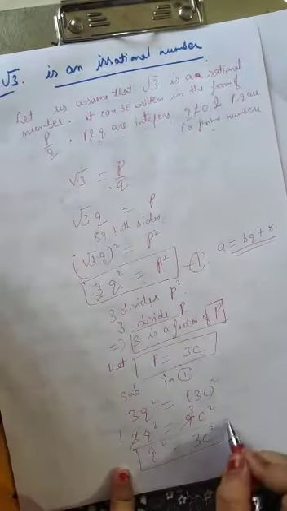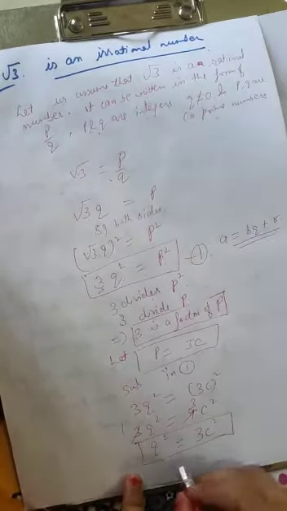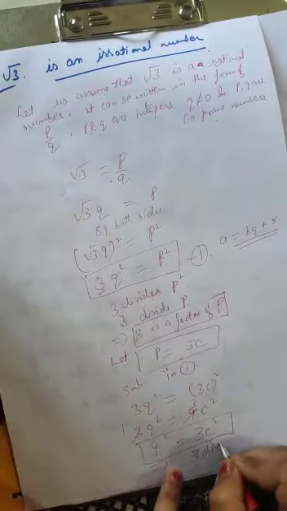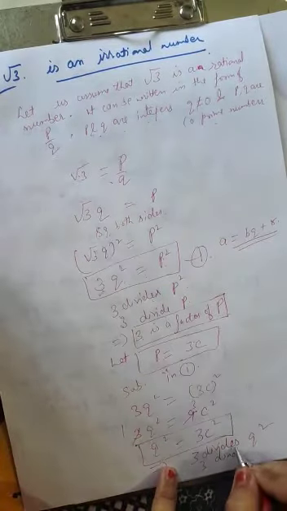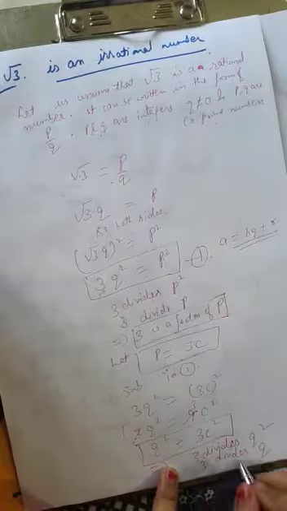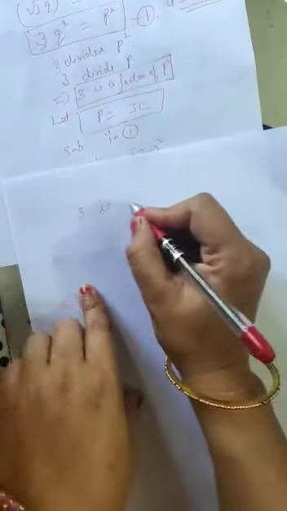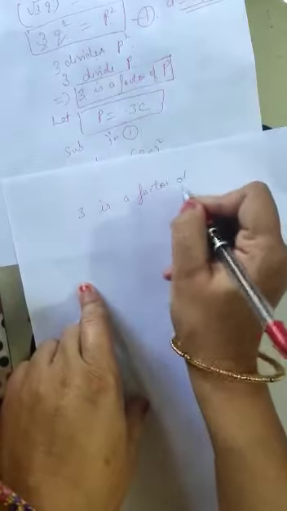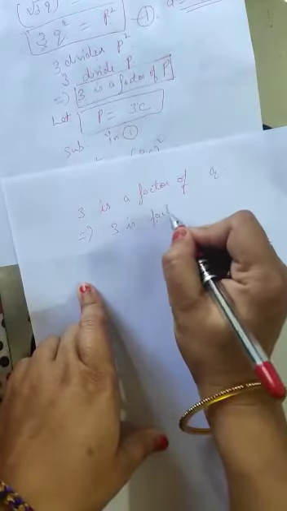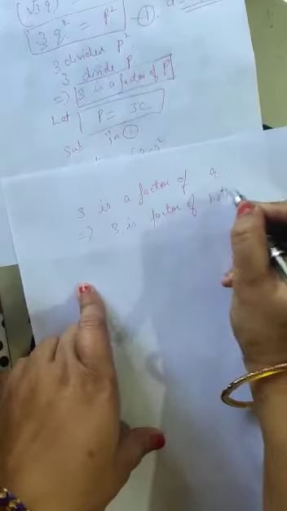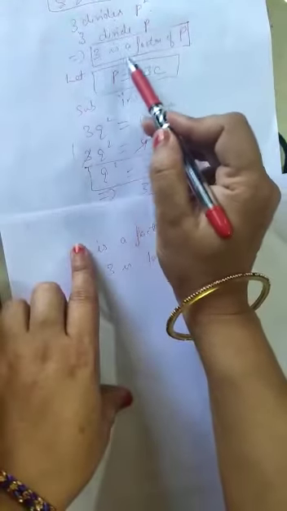Now this is again the form of Euclid division lemma. This means 3 divides q square, means 3 divides q. Now 3 divides q, it means 3 is a factor of q. This means 3 is a factor of both p and q, because we already proved that 3 is a factor of p.